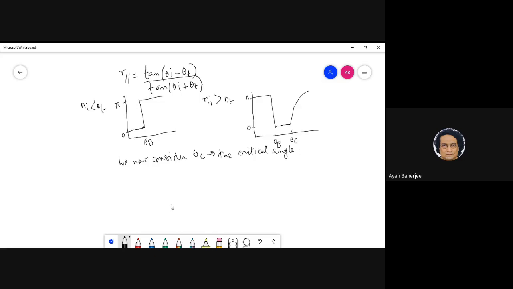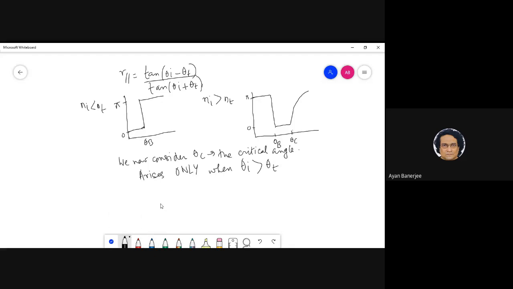That arises only and only when theta I is greater than theta t, right? And why does that arise?